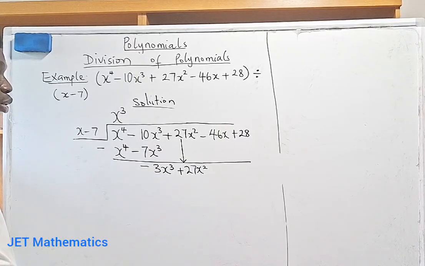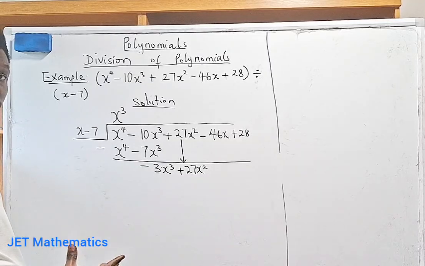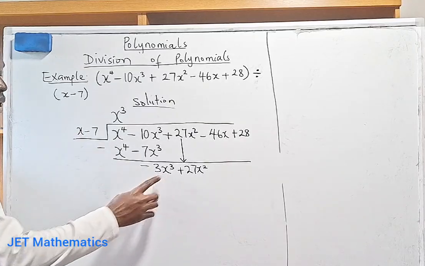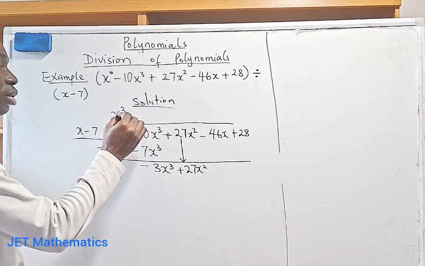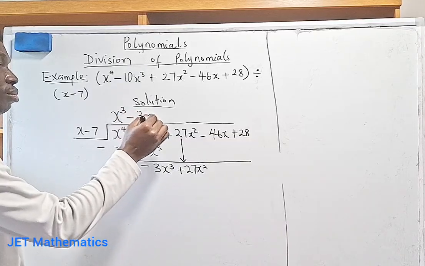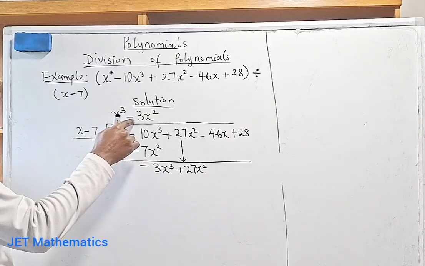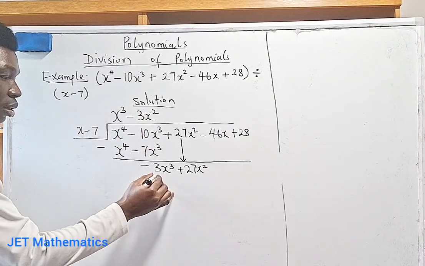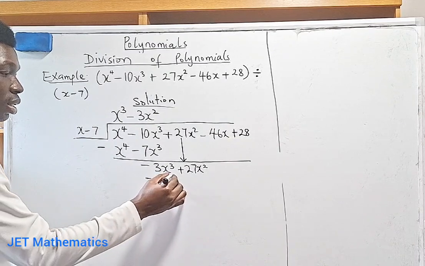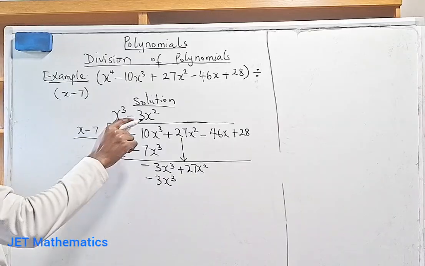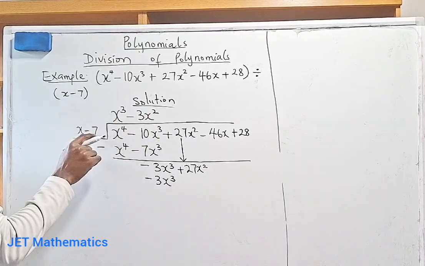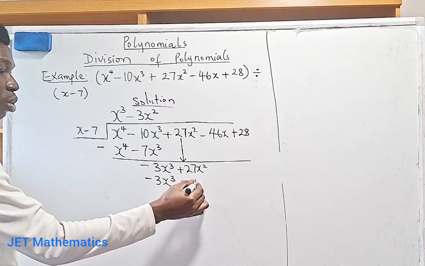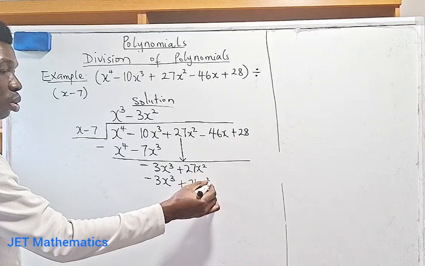Obviously, we can use minus 3x squared. Minus 3x squared times x gives us minus 3x cubed, and minus 3x squared times minus 7 gives us plus 21x squared.